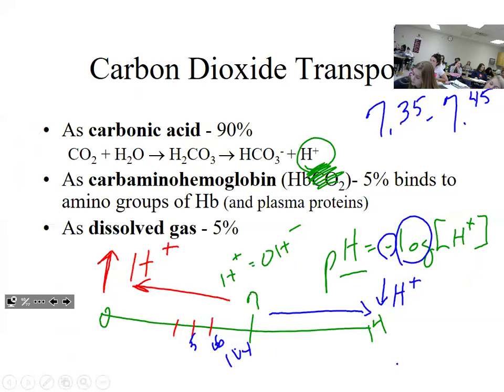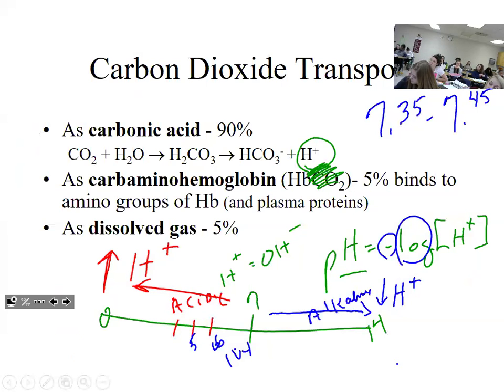And what's happening to your pH? Becoming more acidic. Yeah, because y'all remembered that if it's getting lower, it's becoming more acidic, right? Where if it's getting higher, it's becoming alkaline. So you're saying when your ventilation rate is slow, you're building up the CO2, but the real problem is that you're getting too many of these. Is that what you said? And you're becoming acidic.